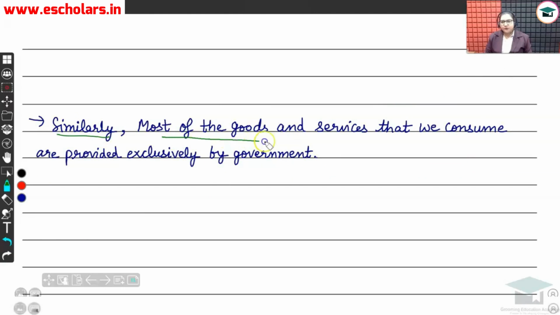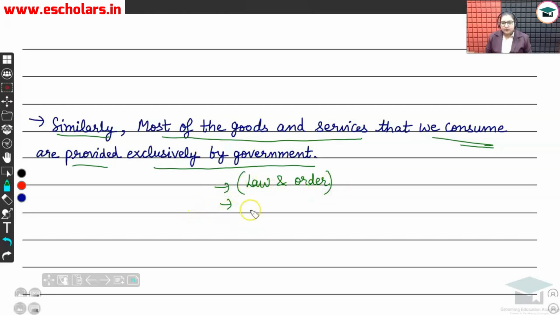Similarly, most of the goods and services that we consume are provided exclusively by the government. For example, law and order. The services of law and order are provided by the government. The act of getting the patent right can be done through the government only, right?